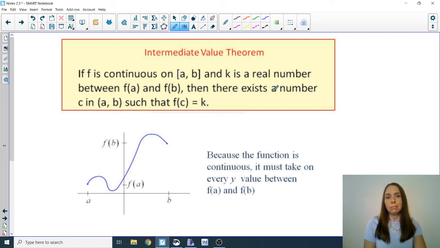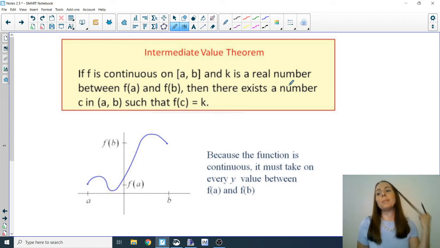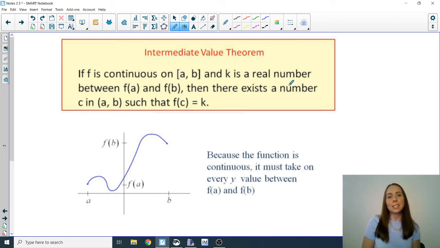I just paused for a minute because I just remembered that this is the place where we get to note the unfortunate letter choice used here. And I think the textbook does this on purpose.